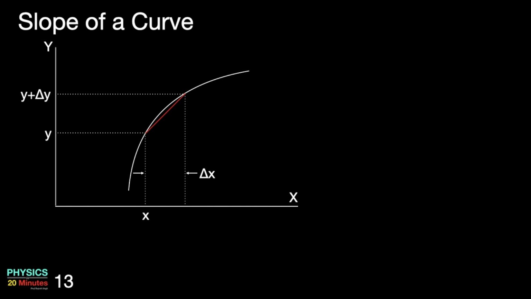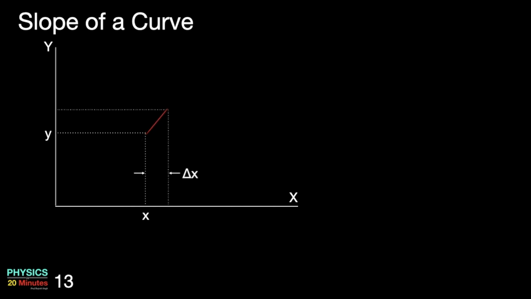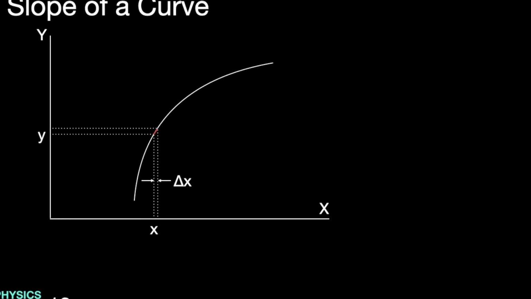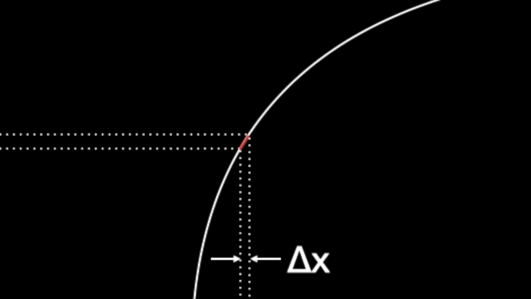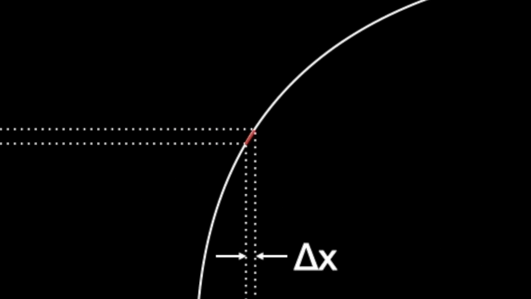One of the ways to modify this formula is to reduce the x interval between A and B. So if we reduce the interval between A and B, that is if we reduce delta x, then you can see that the red straight line and the curved line almost coincide and they both almost have the same slope.